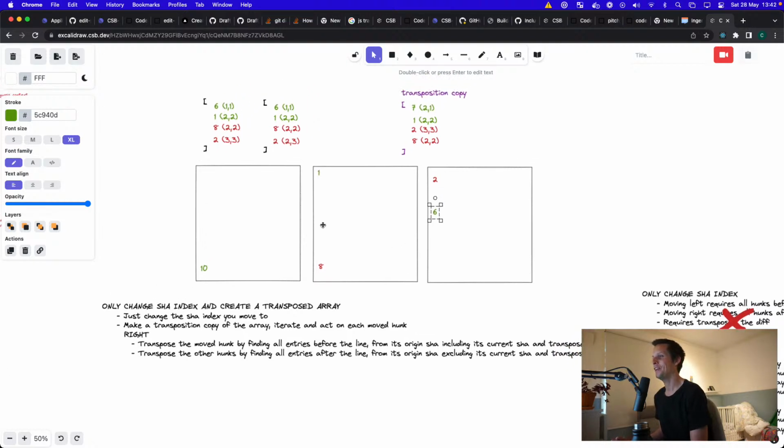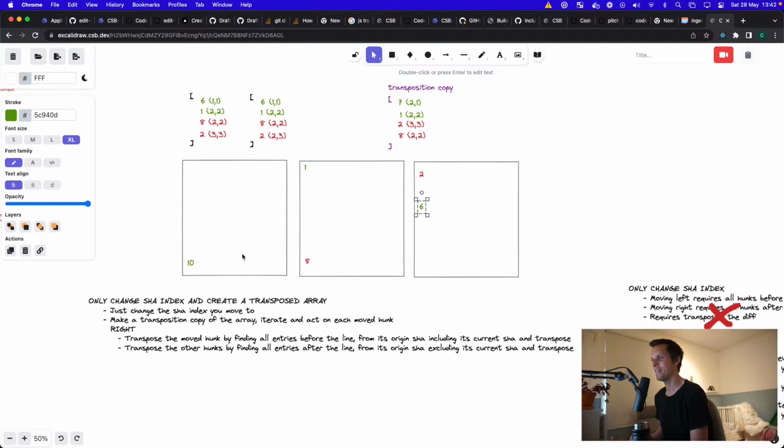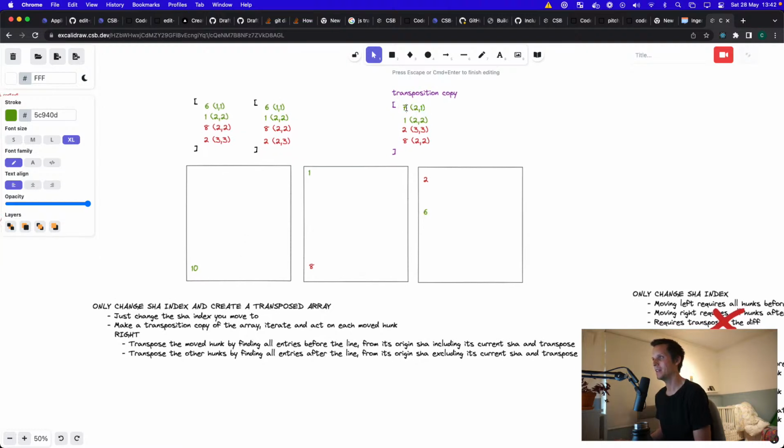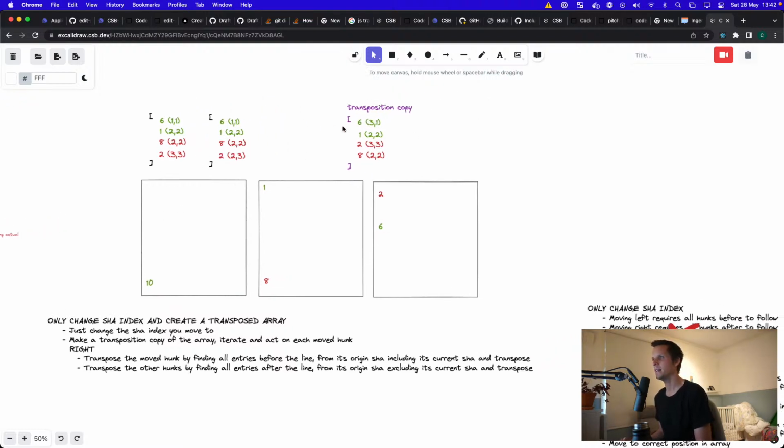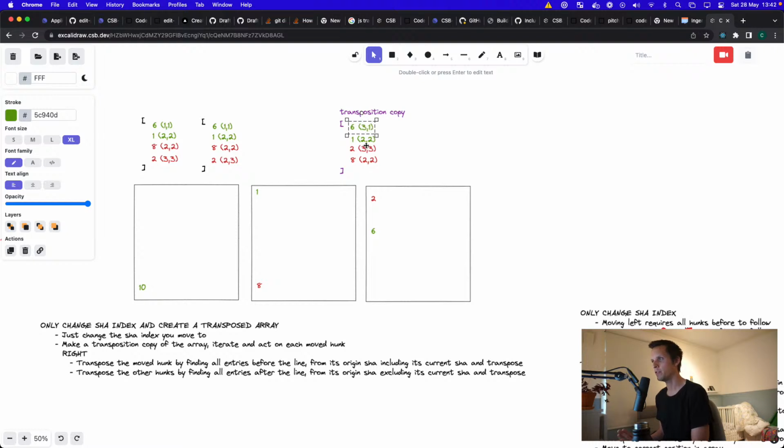Now, let's apply the rules again. So again, it starts out like this, and we see that line 6 has been moved to a different SHA. It's not the same SHA. So first we have to transpose itself.